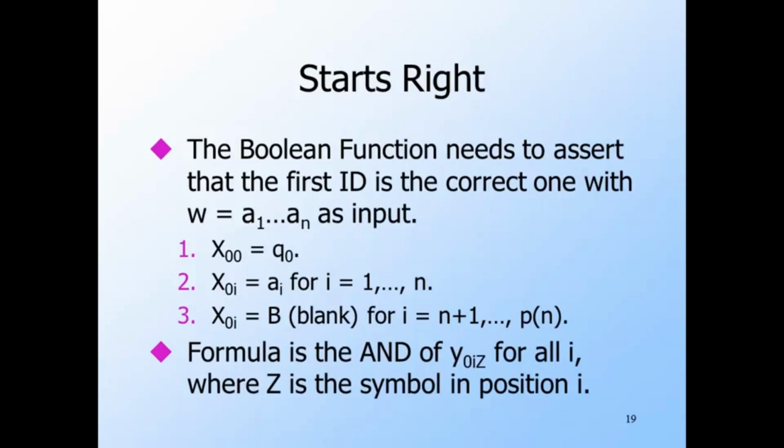So we can write starts right as the AND of y00q0 and y01a1, the first symbol of w, and y02a2, and so on, and after, let's say, y0n an, then you have to have y0,n+1 blank, and so on.